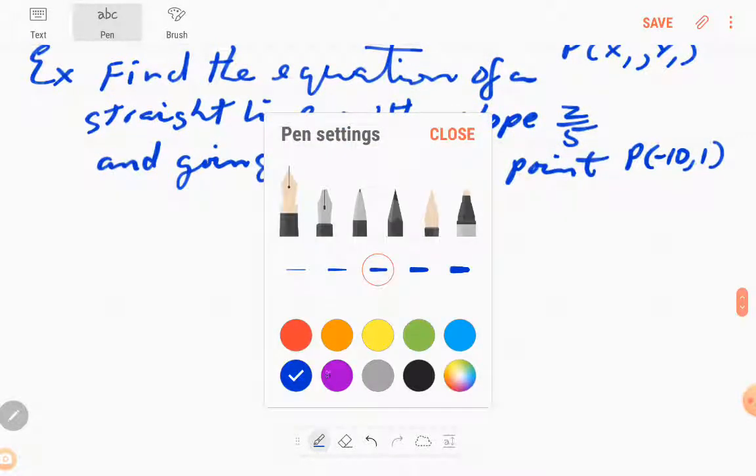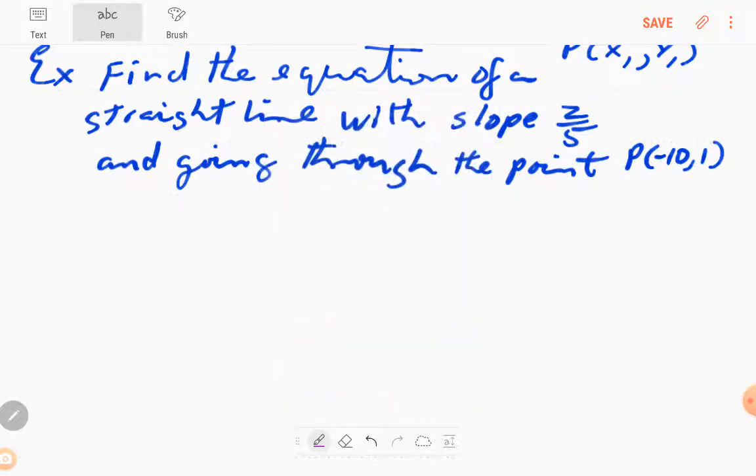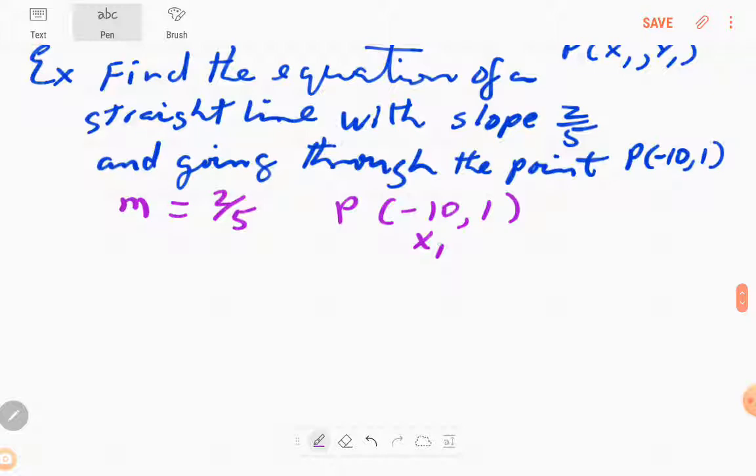So we're given the slope m, so m is equal to 2/5, and we have our point -10, 1. So we're going to label this as x sub 1, y sub 1, and we're going to use the point slope formula to generate the equation.